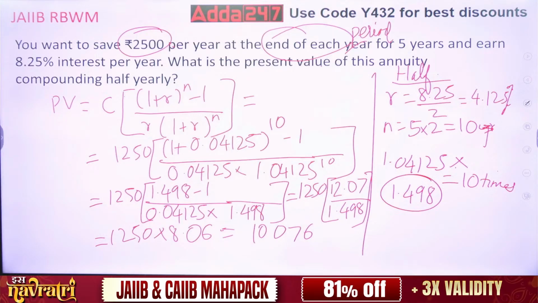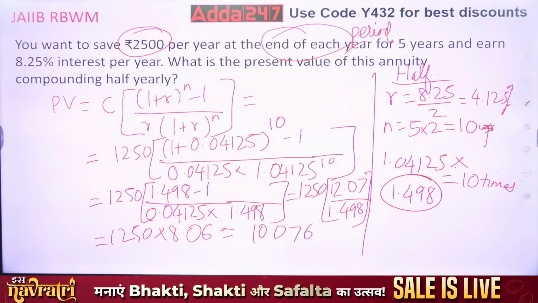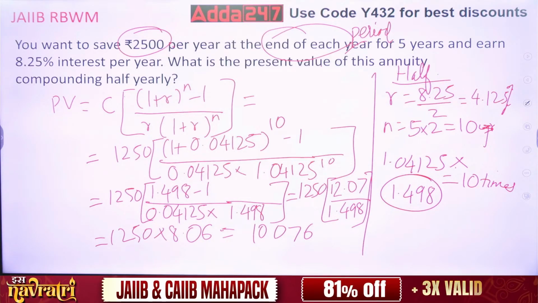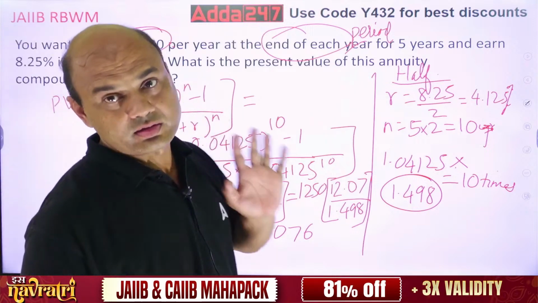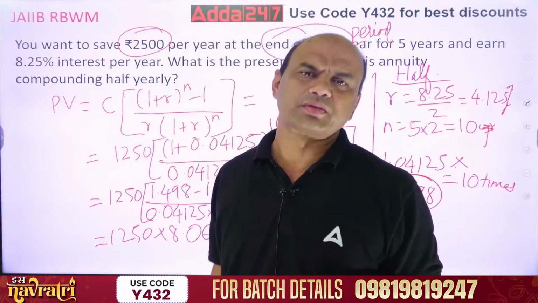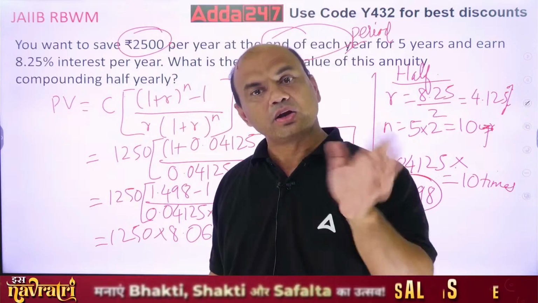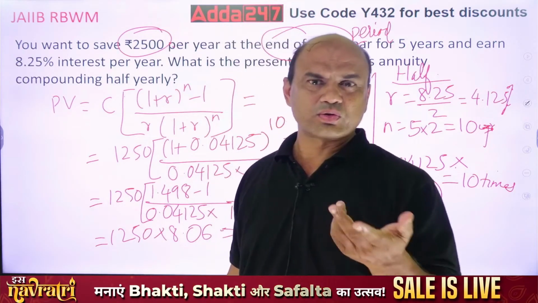Now, some of you might think, sir, give me a simple logic. What is the logic? That I'm investing 2,500 per year for 5 years. So that figure becomes 2,500 into 5, which is 12,500.